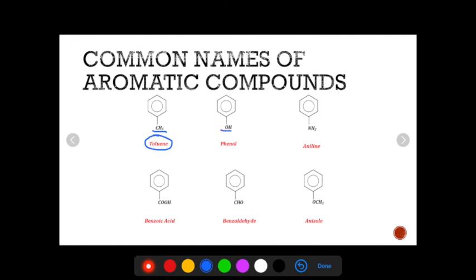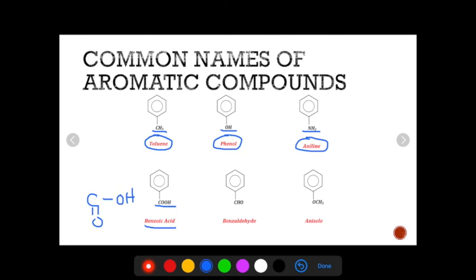If I have an OH group attached to a benzene ring, I call it phenol. If I have NH2 attached to a benzene ring, I call it aniline. And then COOH, which a lot of times will be looking like this, okay? So COOH is called benzoic acid.